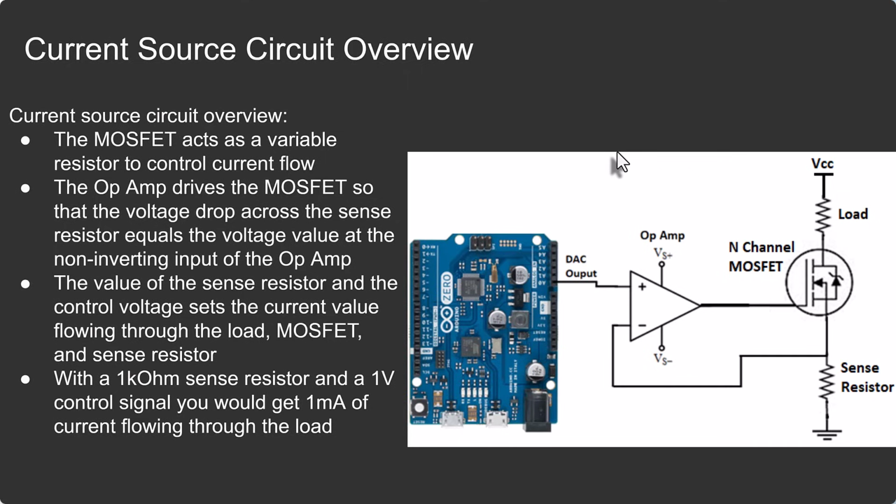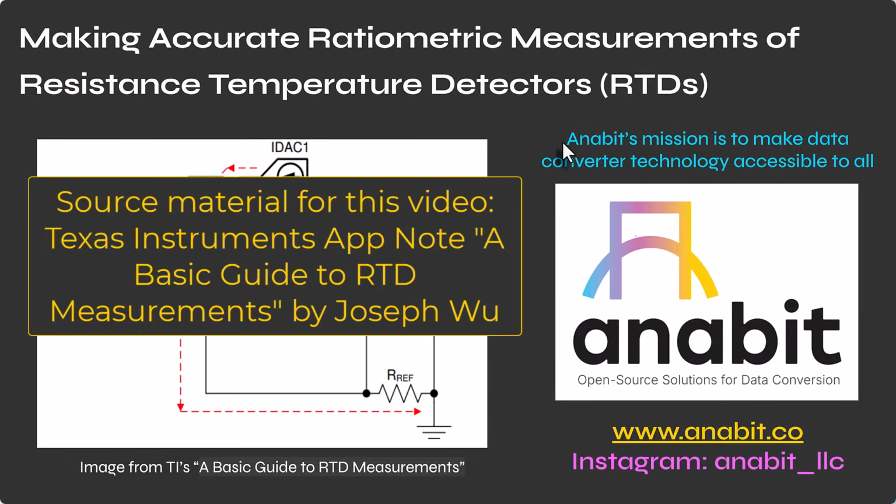So as an example, let's say we set the sense resistor to 1 kilo ohm, right? If we put 1 volt into the non-inverting input, the op-amp will drive the MOSFET to get a 1 volt drop across the sense resistor, which in turn would equal 1 milliamp of current flowing through the sense resistor.